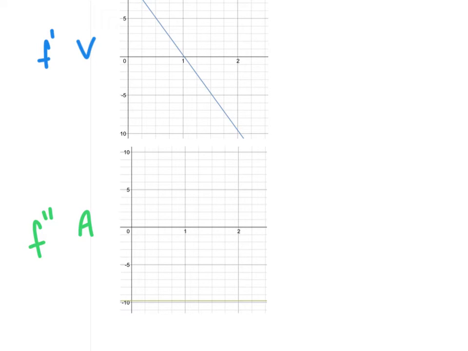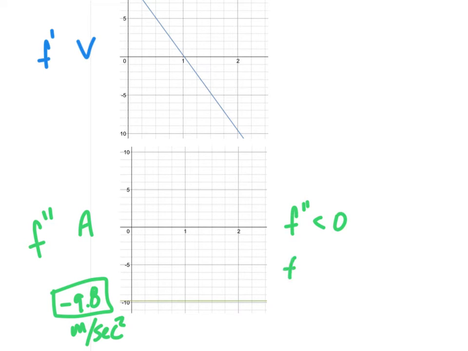Our constant acceleration due to gravity is negative 9.8 meters per second squared. So the value of my second derivative is negative: f double prime is less than 0.